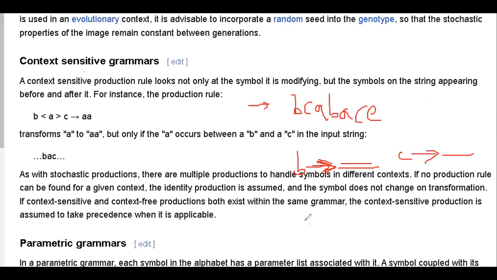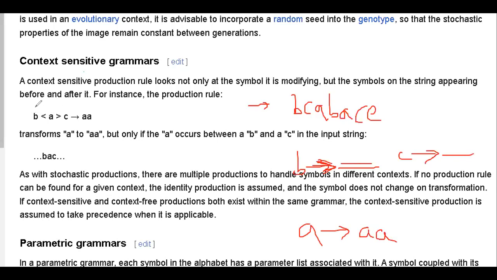But if you have A, let's say A is another variable. So when you define it, A is converted to double A whenever, and always, A is looking at its neighbor.